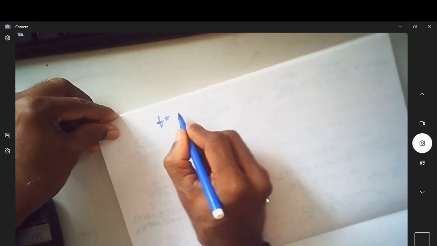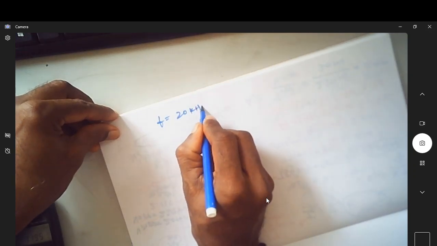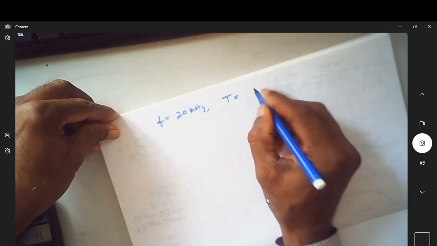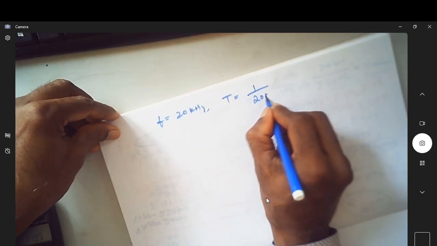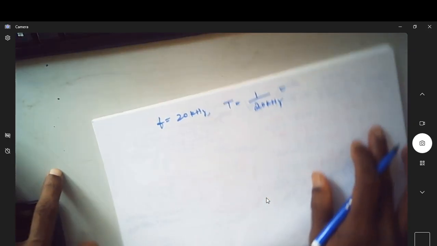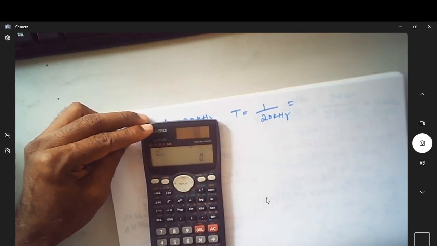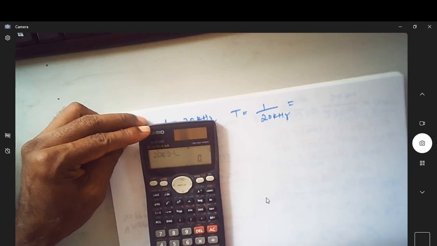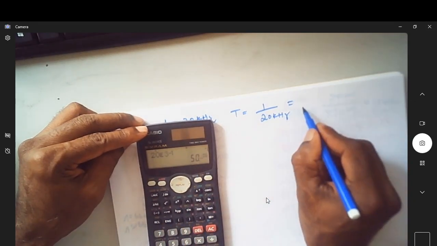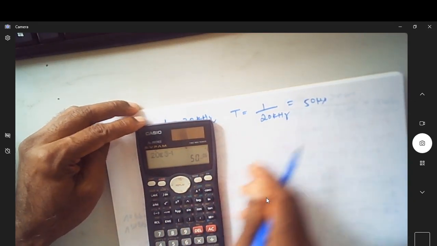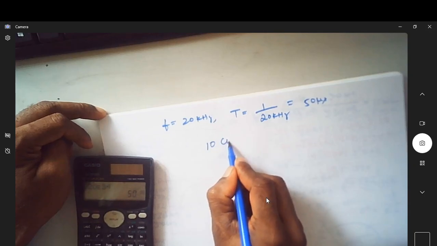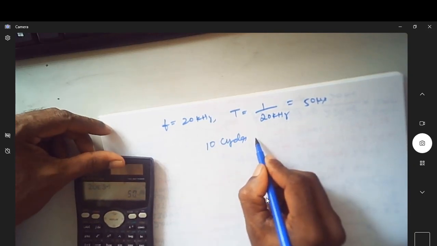Since we have taken the frequency as 20 kilohertz, what is the time period for one cycle? Is it not 1 over 20 kilohertz? What is 1 over 20 kilohertz? It is 50 microseconds. If you want to see 10 cycles, what is the time?